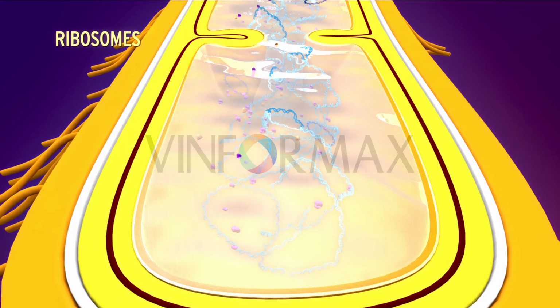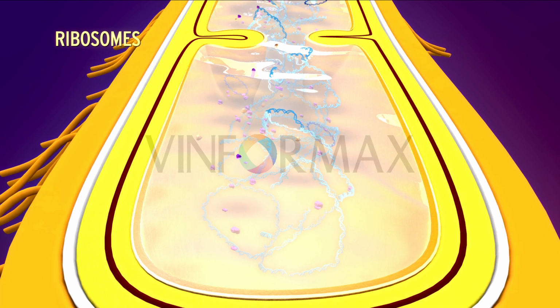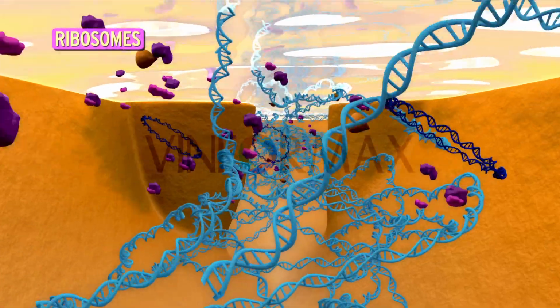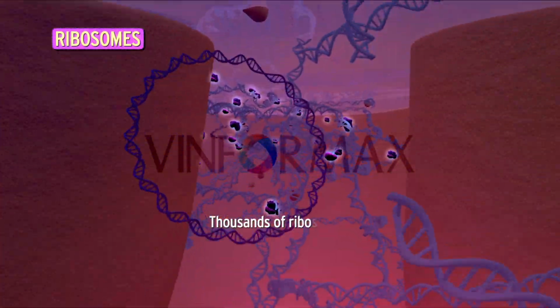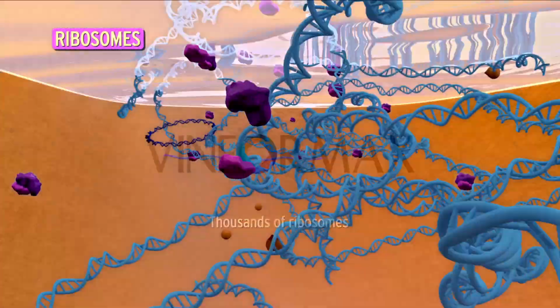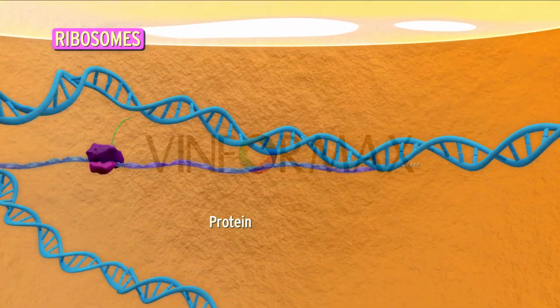Ribosomes. The distinct granular appearance of prokaryotic cytoplasm is due to the presence and distribution of ribosomes. Bacterial cells can contain thousands of ribosomes, which are the sites of protein synthesis.